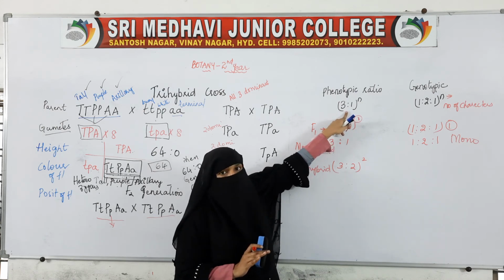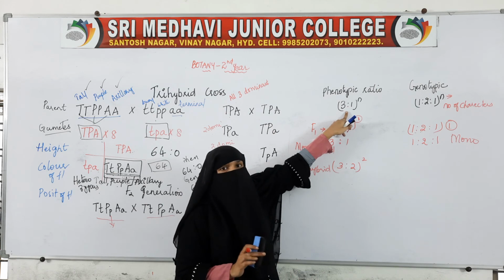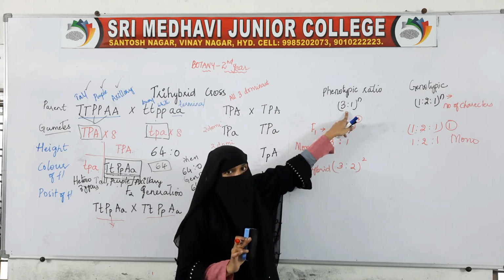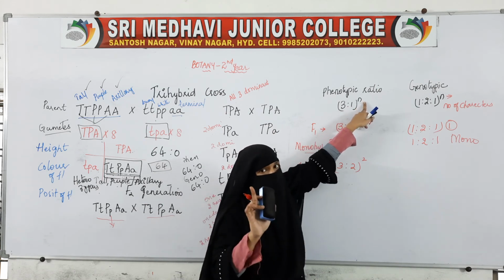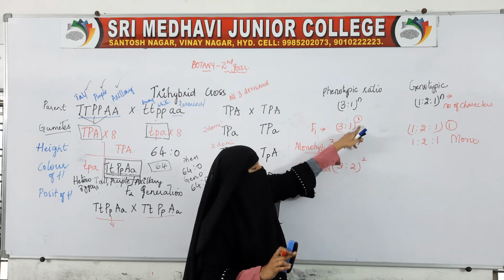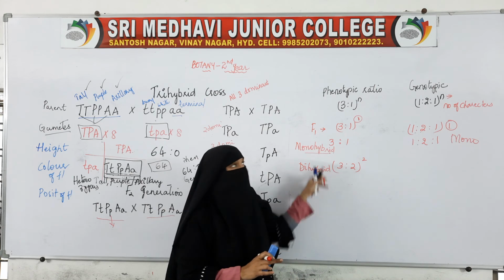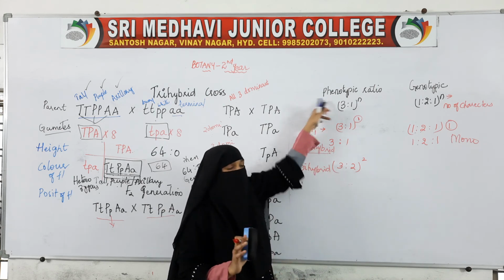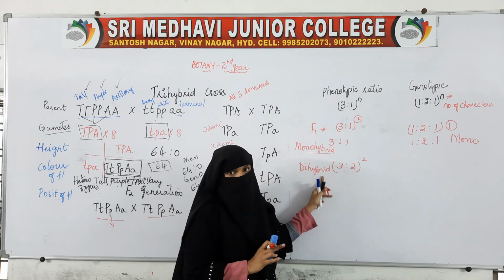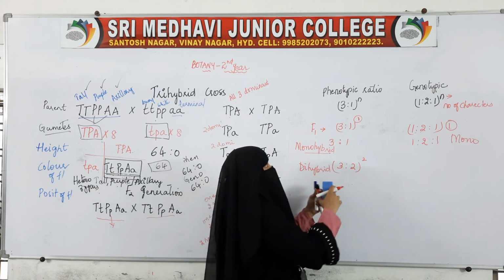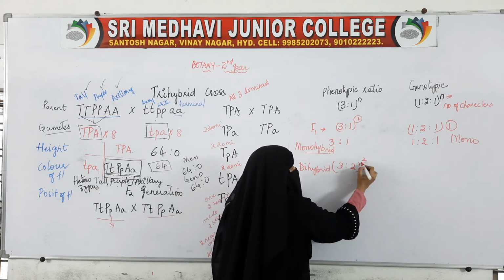So if we want to find out the phenotypic ratio of a monohybrid cross, mono means 1 character, we will be putting 1. If we want to calculate the phenotypic ratio of a dihybrid cross, 2 characters, then instead of 1 we take 2.